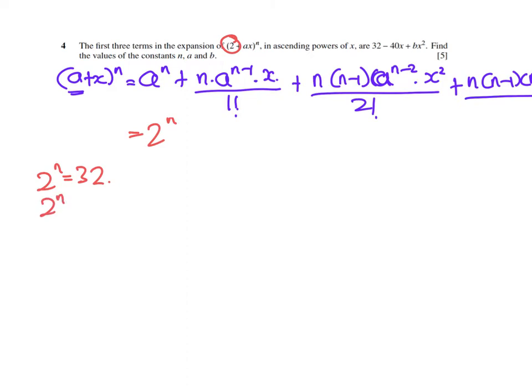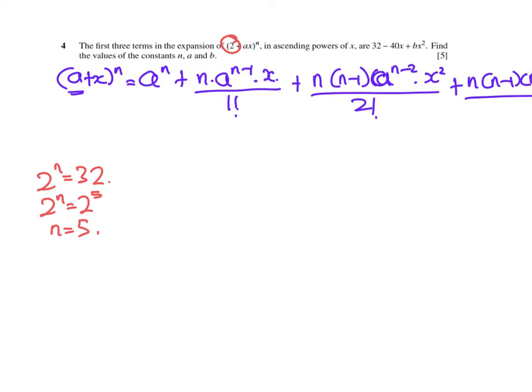So 2 to the power of n equals 2 to the power of 5, therefore n equals 5. So we have our first value, n equals 5.